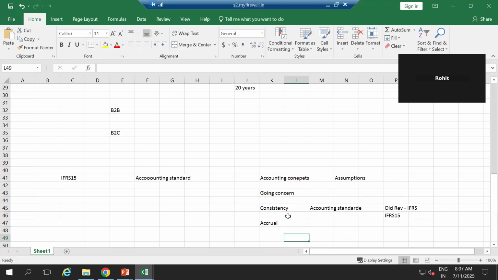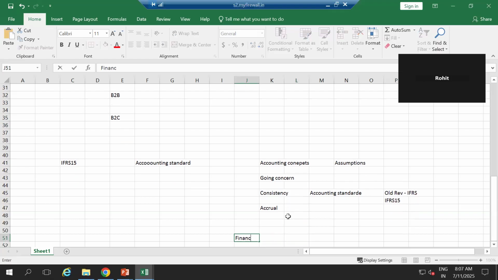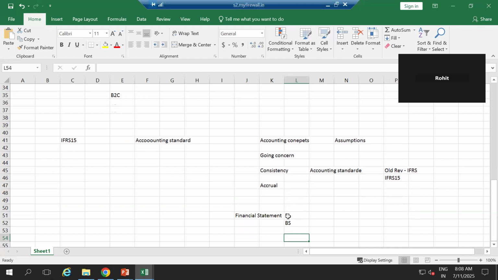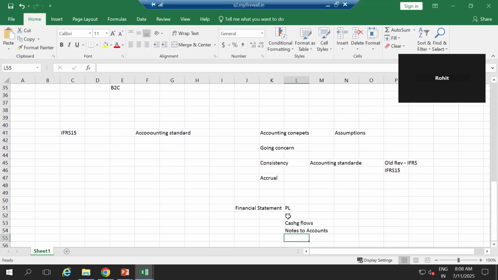What are financial statements? Financial statements are nothing but your profit and loss account, your balance sheet, your cash flows, and your notes to accounts. So all these four are called financial statements.